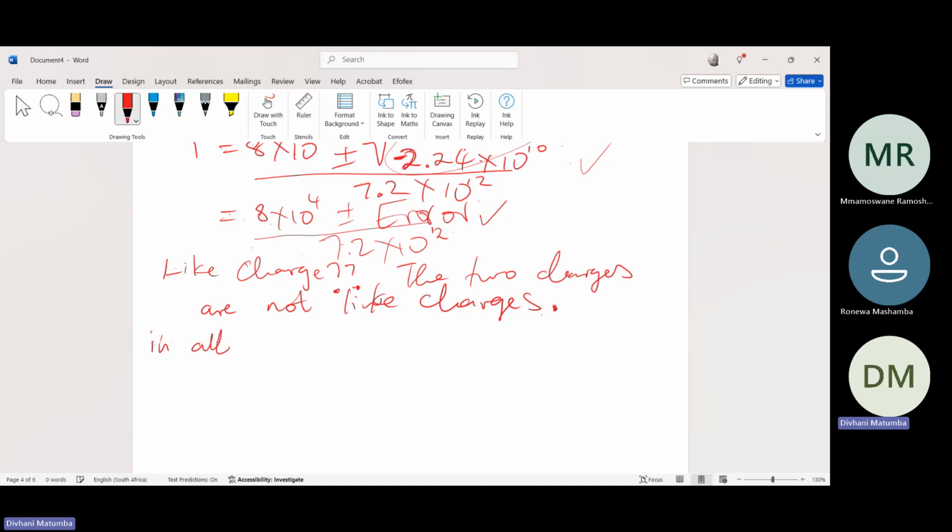In attraction, i.e. unlike charges, x will be equal to 5.556 times 10 to the power of 16 over y, but it will be a minus instead of a plus.